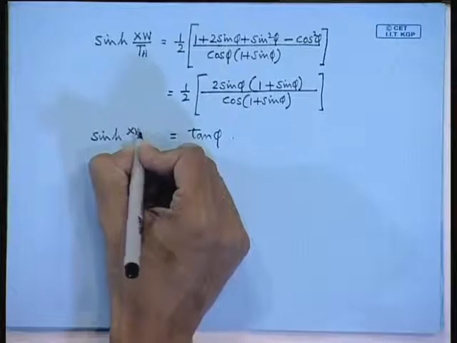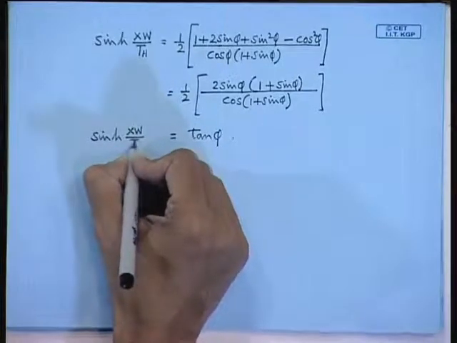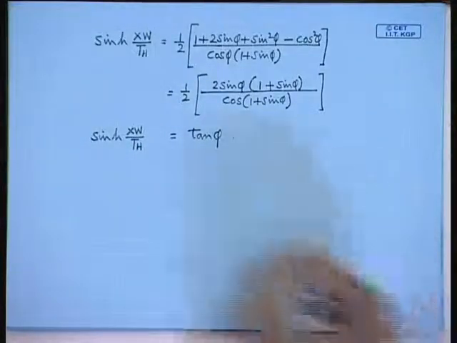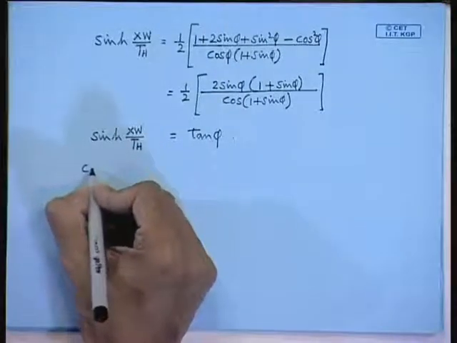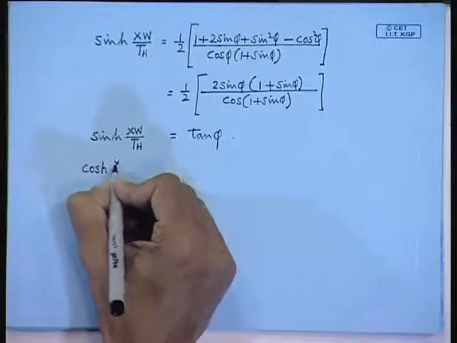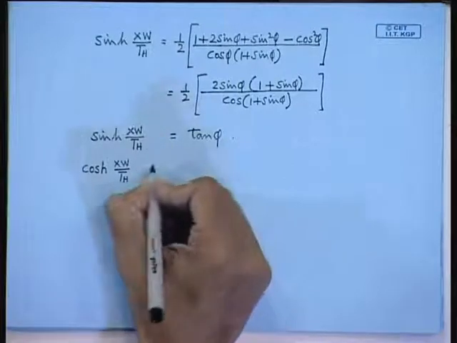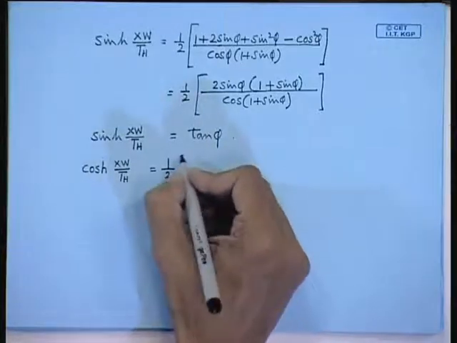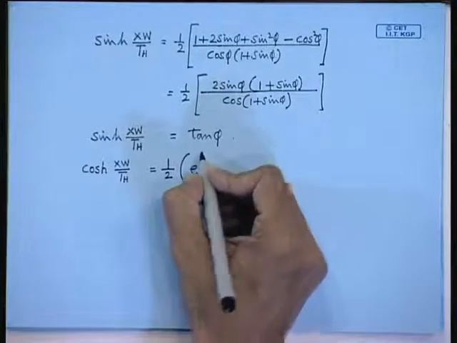Now we will use these two expressions in our calculation. So what is the expression for cos hyperbolic? So this is cos hyperbolic xw over Th. Now you use a similar expression, I have given you the expression for the e values, exponential values. So instead of minus you write this as plus.